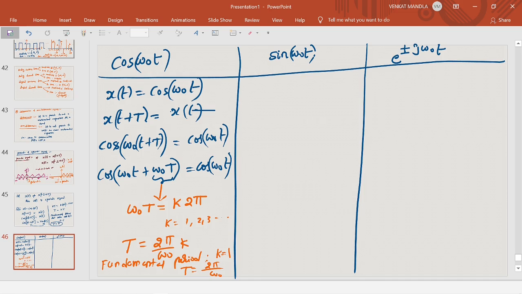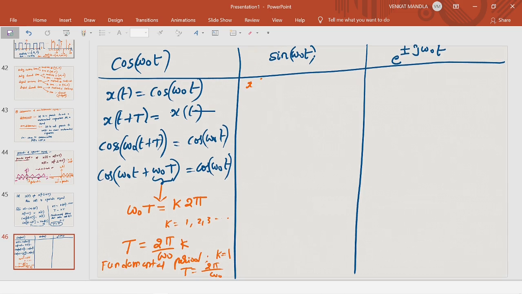And sin omega naught t is also the same. x of t equal to x of t plus capital T. What is x of t?